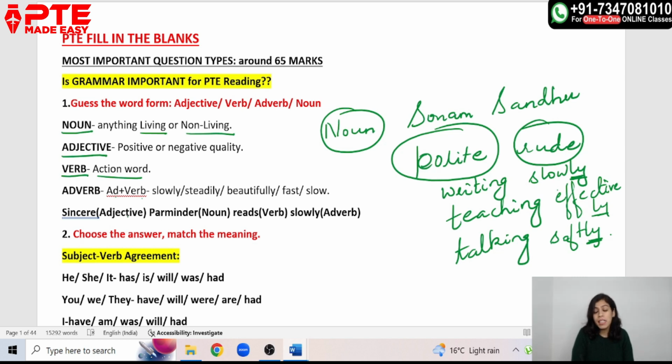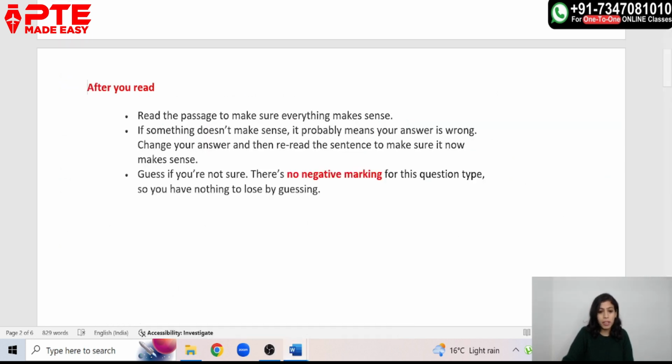Reads is a verb. What was she doing? She was reading, reads. And slowly is an adverb. She was reading, but she was reading slowly. Ly, adverb. So this is the way you need to use grammar for PTE reading and writing fill in the blanks. Now before we proceed further, let's guess the word form in fill in the blanks. So let's look at the other file.